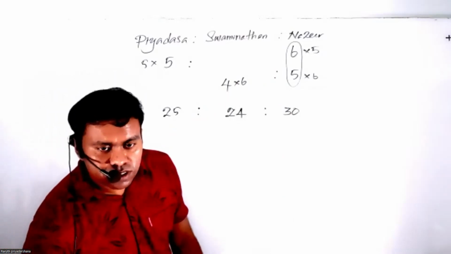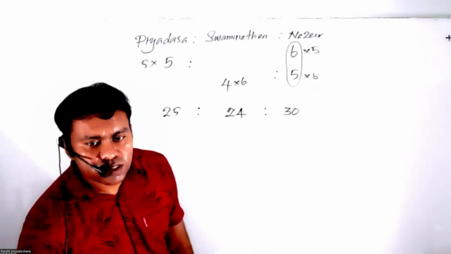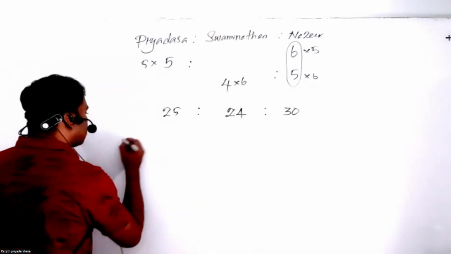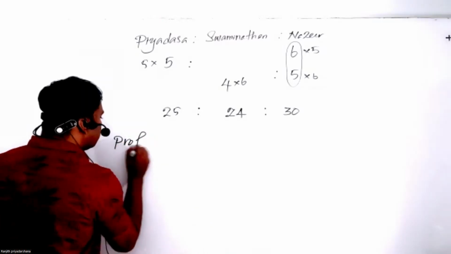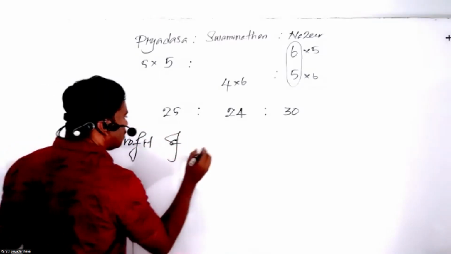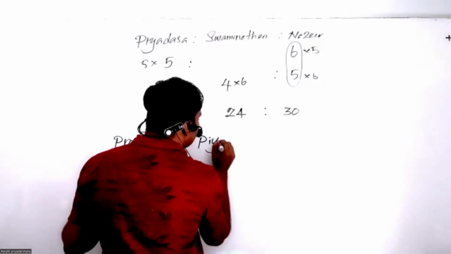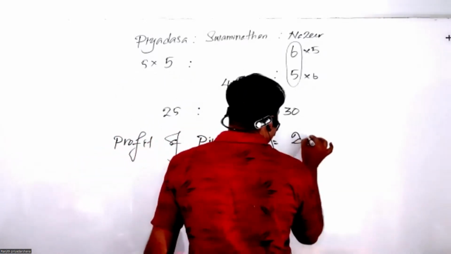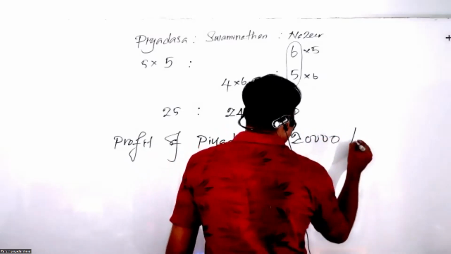Okay, so next question. If Piyadasa receives 20,000 rupees as profit, how much do Swaminathan and Nasir receive?